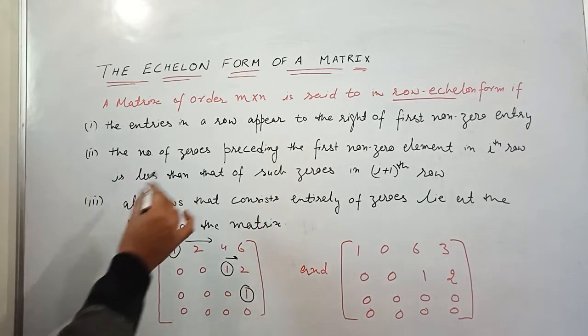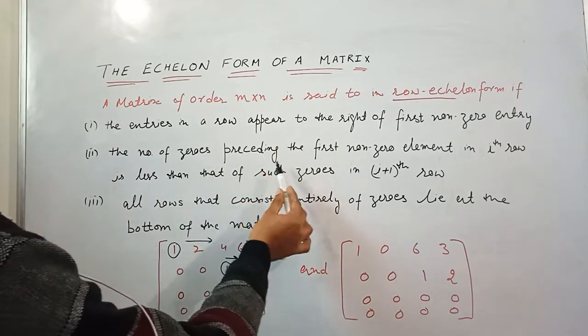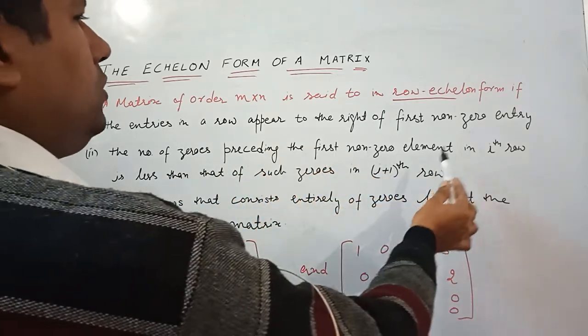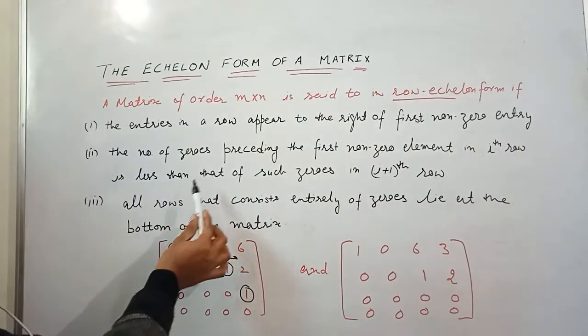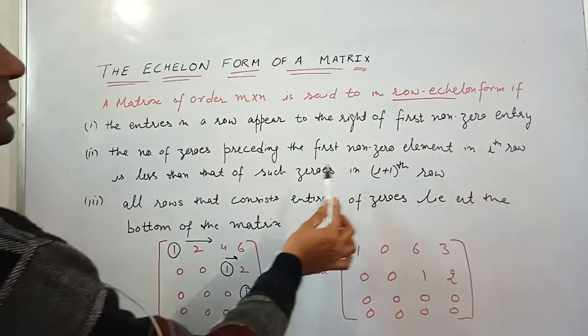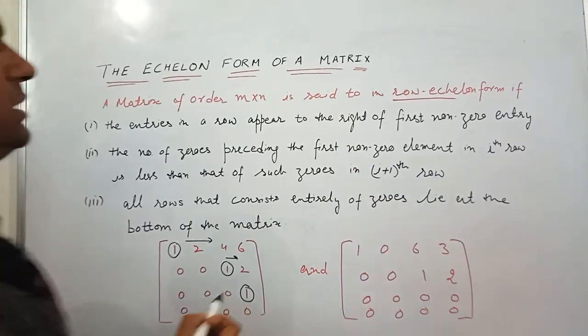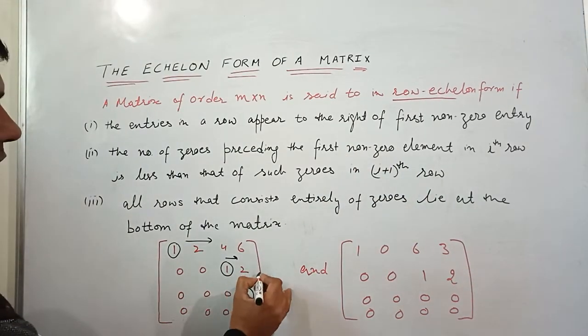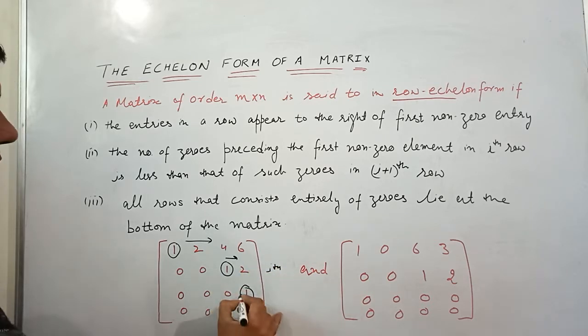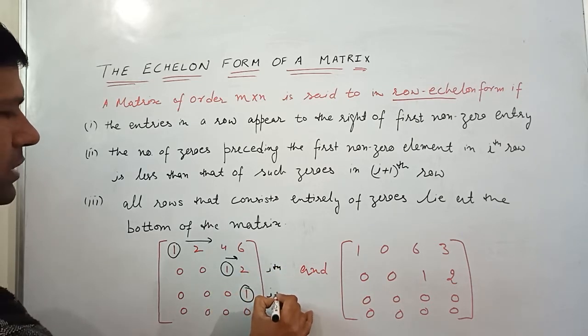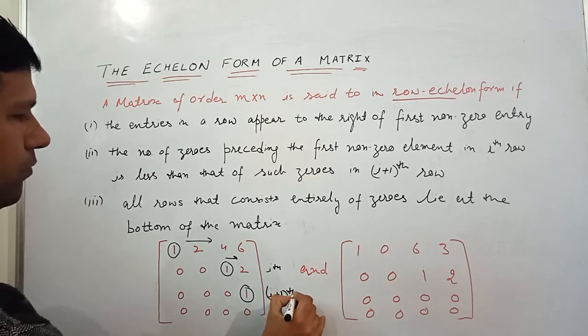Second point is the number of zeros preceding the first non-zero element in the ith row is less than that of such zeros in the i plus 1th row. Suppose this is the ith row and this is the i plus 1th row.